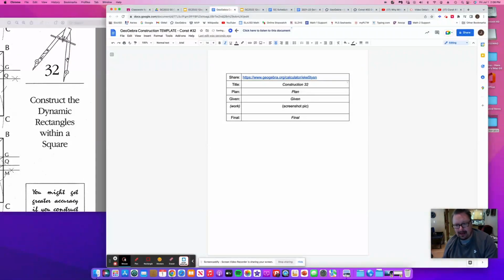Our plan, which is to construct the dynamic rectangles within a square.